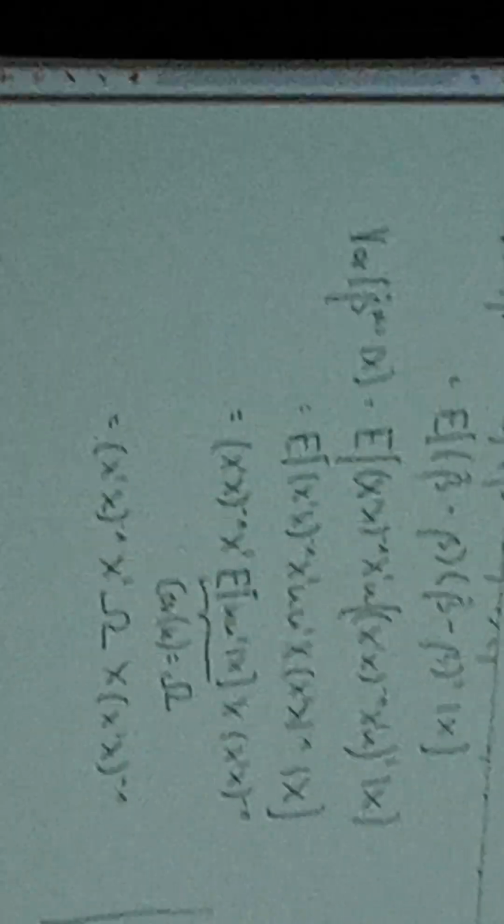And now the issue is, under this new assumption, where we are allowing for heteroskedasticity, this omega is a matrix, so it's stuck there, and the whole thing doesn't collapse anymore. So the variance of the OLS estimator under this assumption is now this formula, and that's an important result here.